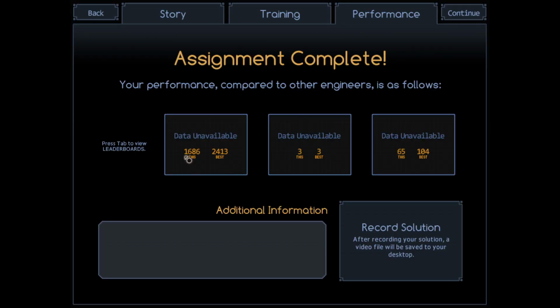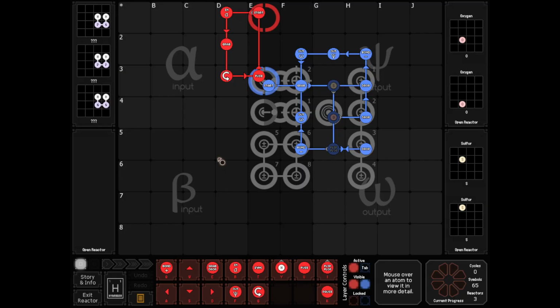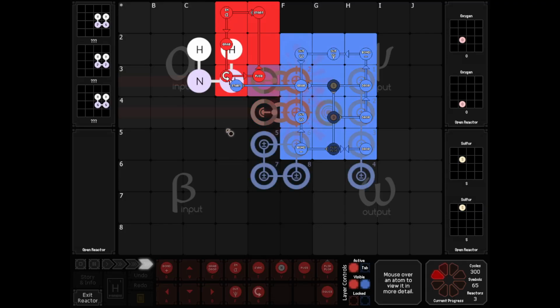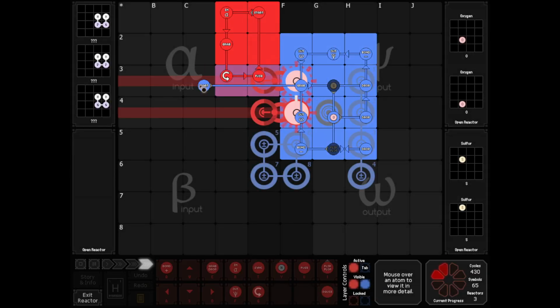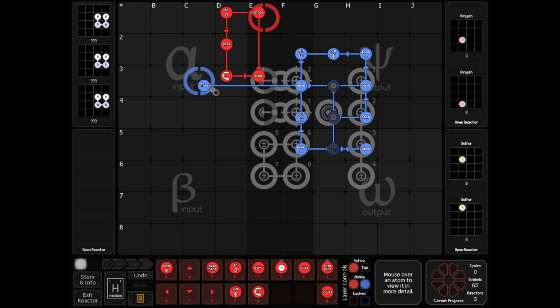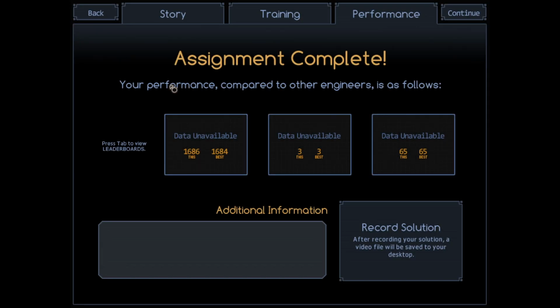And it takes 1686 cycles. So remember that number, and let's try this. That's 2 cycles faster already. That's not worth it.